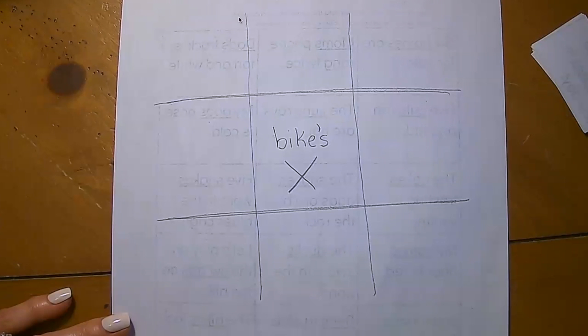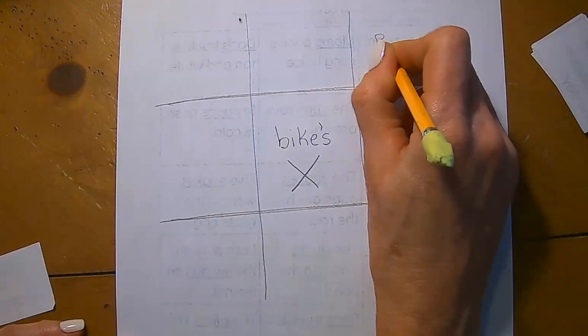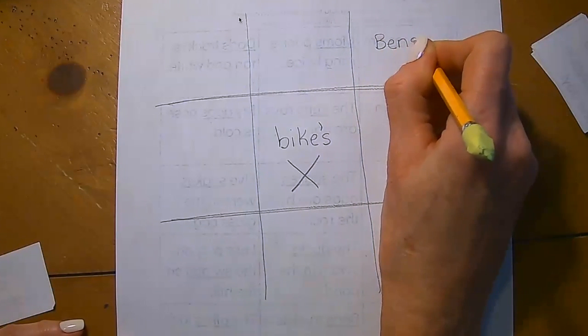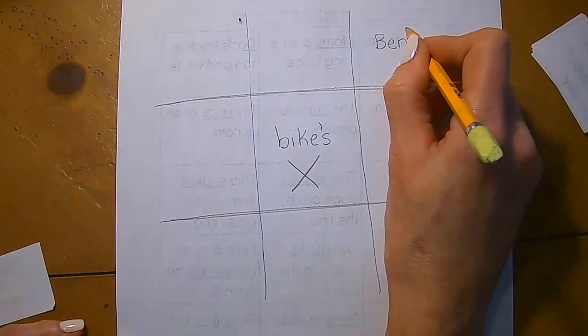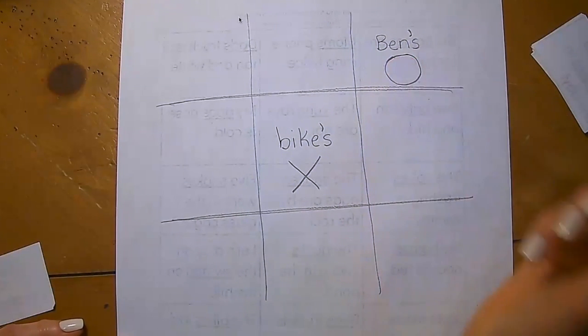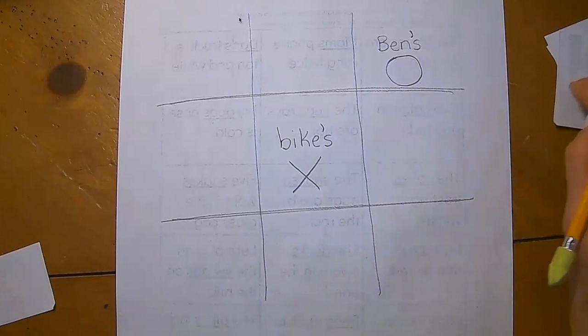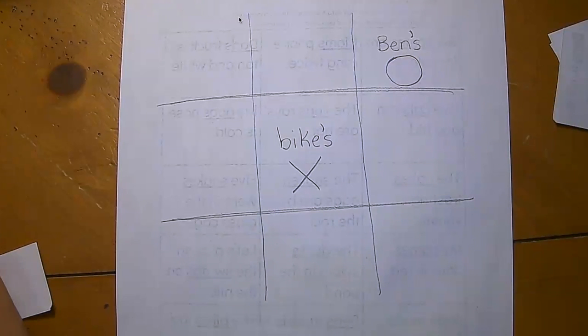Is it more than one Ben, or does Ben own something? Ben's truck. Oh yeah, Ben's truck. The truck belongs to Ben, so it's Ben's, and they would spell Ben's, and he shows ownership. It's his truck. So we put that apostrophe and they would put their mark. And you would just continue that way, each taking turns reading the other person the sentence with the underlined word and deciding if it is a possessive or a plural.